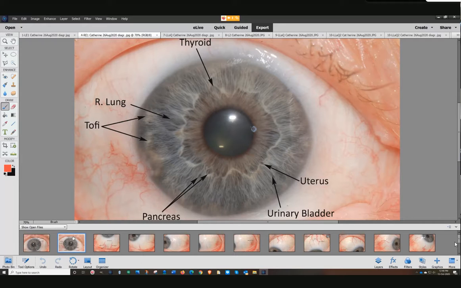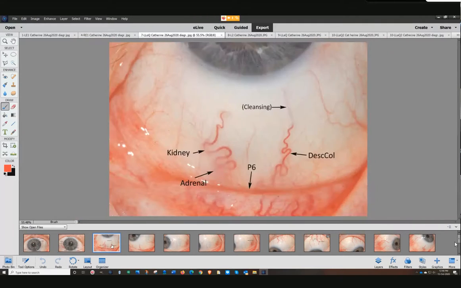I think maybe there's some question that we didn't answer yet about fading and cleansing. When there is a fading of the vessel, just like what we have here, let's take a good example. Fading is a sign of cleansing.